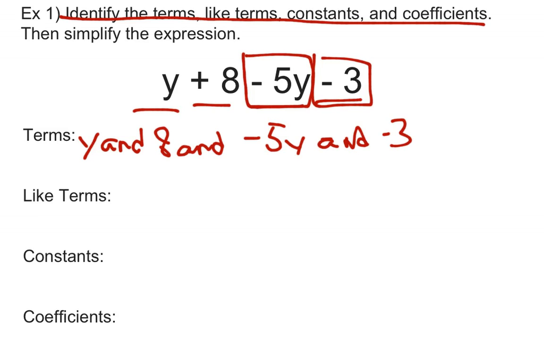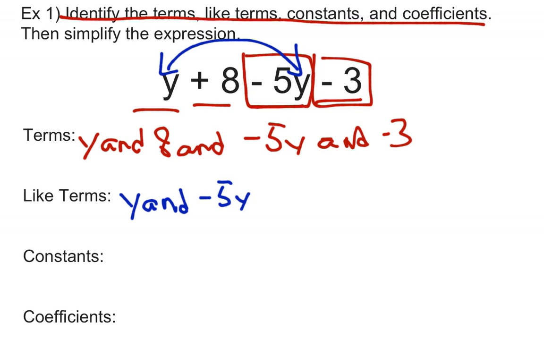Okay, the like terms now. Like terms are the things that match up. Okay, so terms, like terms. Well, they both have y's, and they have identical y's. Okay, so what I'm going to say here for like terms is this: a y, and that matches up with the negative 5y.